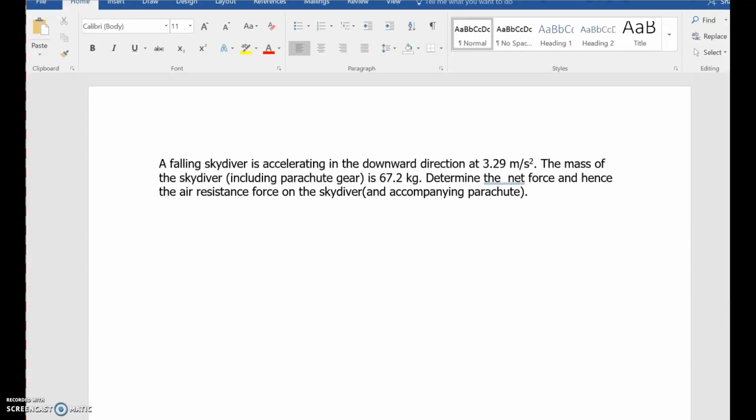A falling skydiver is accelerating in the downward direction at 3.29 meters per second squared. The mass of the skydiver, including the parachute gear, is 67.2 kilograms, and we want to determine the net force and hence the air resistance force on the skydiver. So the skydiver is represented by this rectangle. Let's start with gravity because nobody is exempt from gravity, and we know that gravity is simply mass times g.